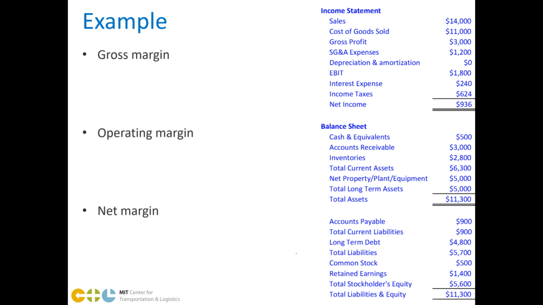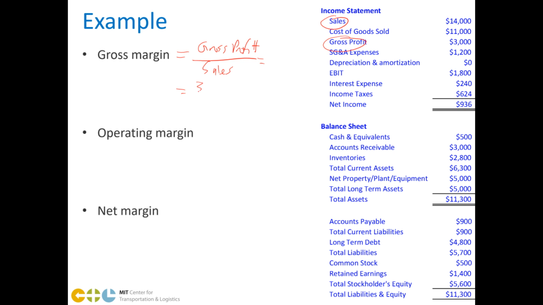Let's move on to the next 3, and these are all related to the margin. And we'll start with our gross margin, which will take the gross profit up here and divide by our sales. In fact, all these are going to be divided by sales. We're going to normalize our different levels of income by sales.